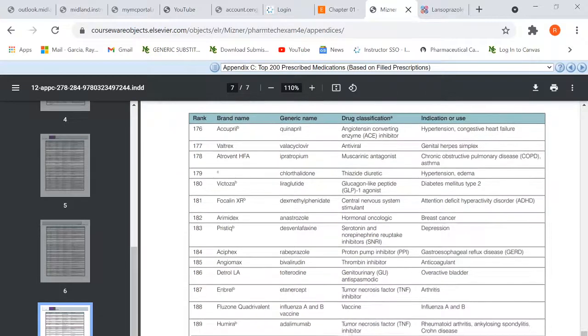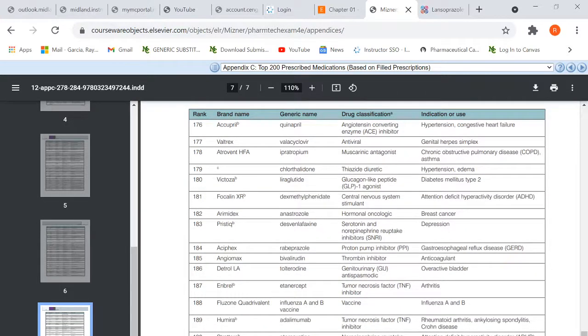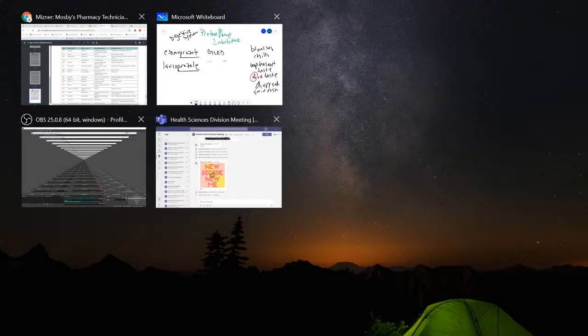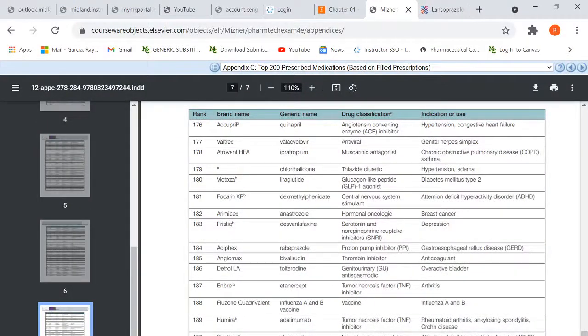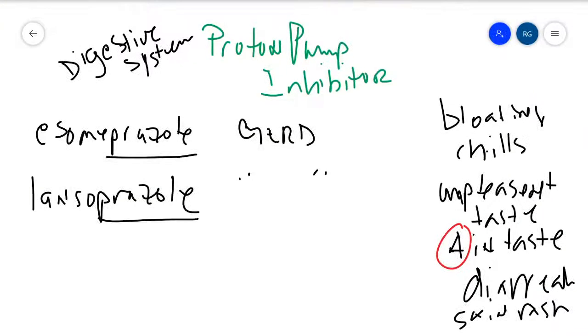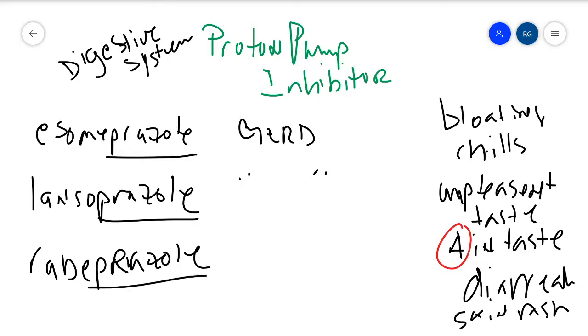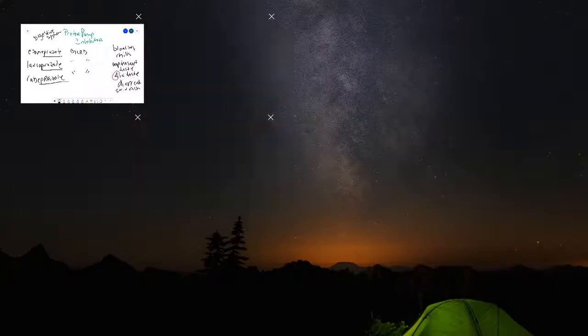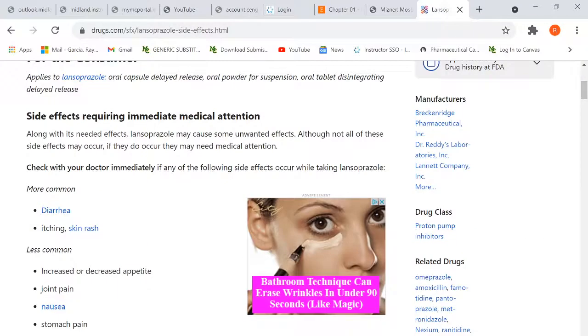Here's the last one here that I'll do. Rabeprazole or Aciphex, PPI, again for GERD. Again prazole, proton pump inhibitors. This is for GERD. Let's look at the generic name. The side effect.